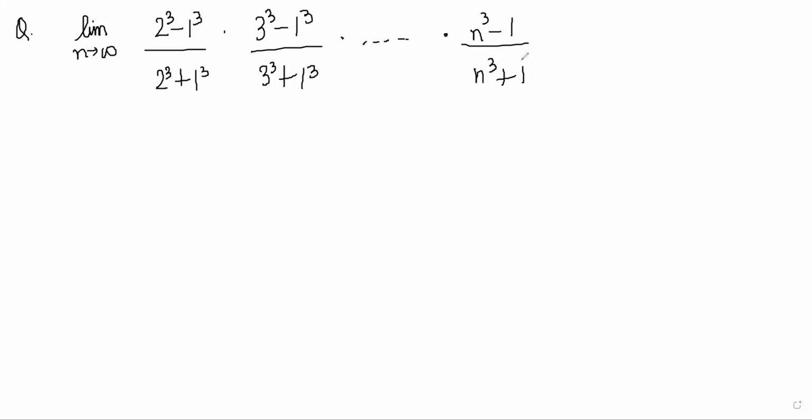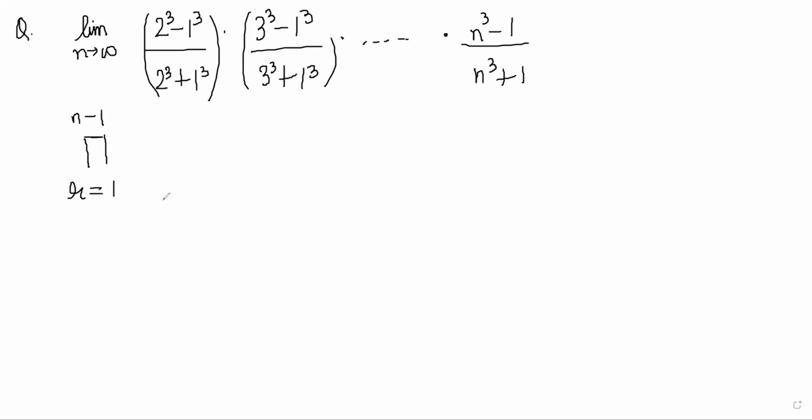Now, this limit is basically a product of many terms, right? So you can write it as a product, r goes from 1 to n minus 1.